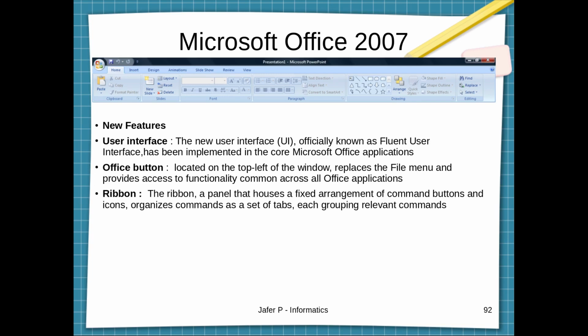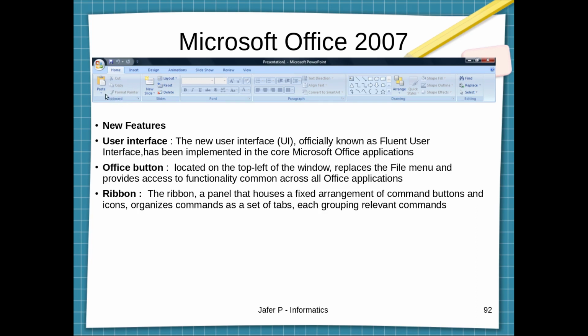And there is a ribbon. The ribbon panel houses a fixed arrangement of commands and buttons. This is one ribbon. This is another ribbon. Then you can see there are many ribbons over there. It will clearly align their command buttons and icons. They will organize, right? For example, here at the first you can see there is a clipboard.